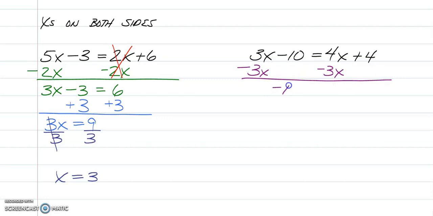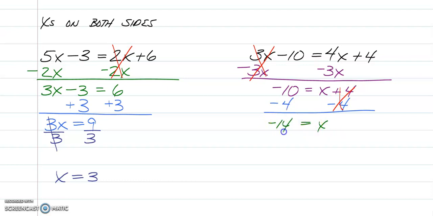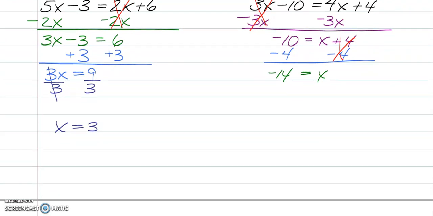That's going to give us a negative 10 is equal to x plus 4, okay, because a positive 3x and a negative 3x will cancel. Now, I am going to subtract my 4 from both sides because that is the opposite of adding 4. Those are going to cancel. And now we are left with x is equal to a negative 14. Same answer, two different ways, doesn't really matter. Pick a method that you like.